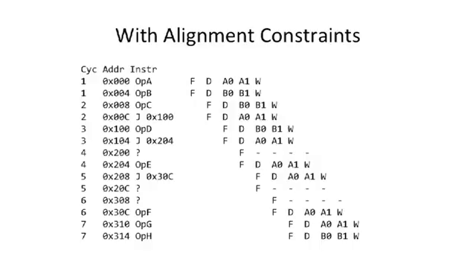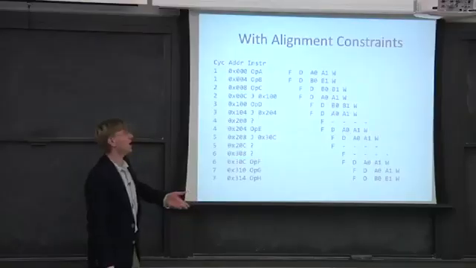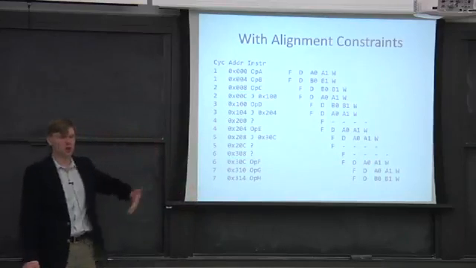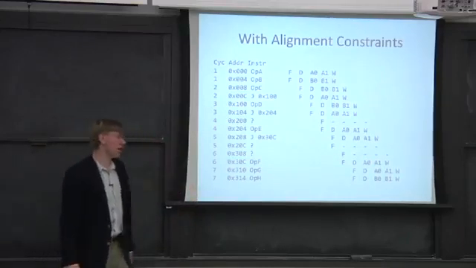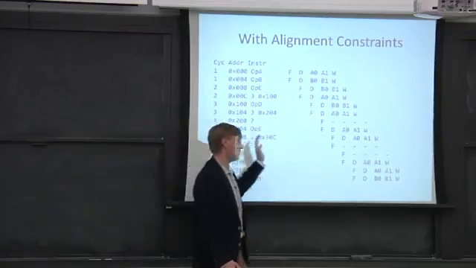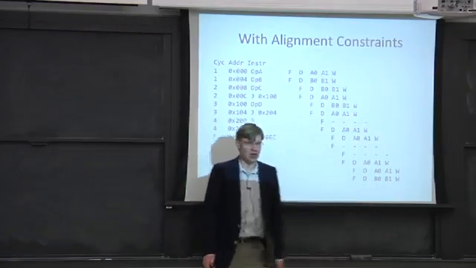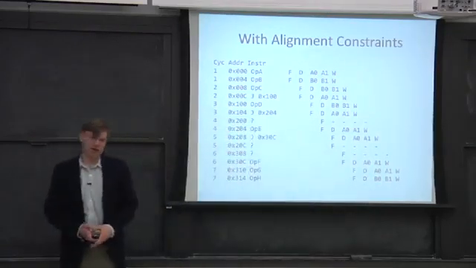And then, let's say here we fetched 208, but we had to fetch 20C, and that instruction is going to go down the pipe and not actually do anything. So you can see that when you have alignment constraints, you can introduce extra dead instructions going down the pipe, and you're not actually going to be using them. And that's not necessarily great.